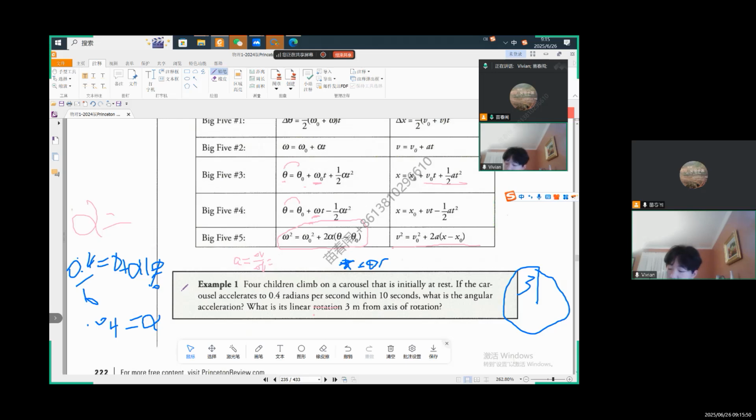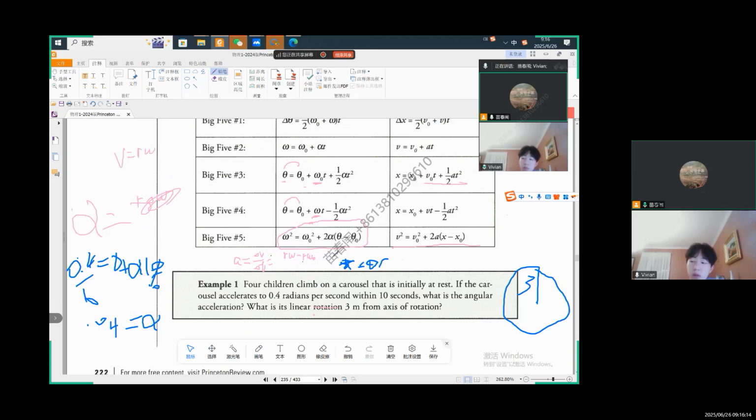Well, it's R times delta omega. Does that make sense there? Not this one, and this one. Because for delta v, you can see that R omega minus R omega 0, right? Does that make sense? Because we have v equals R omega, right?